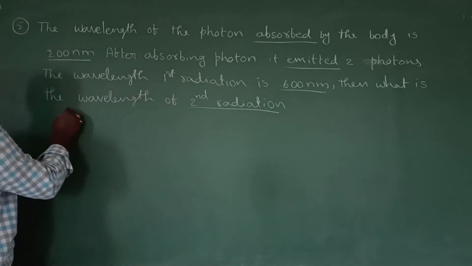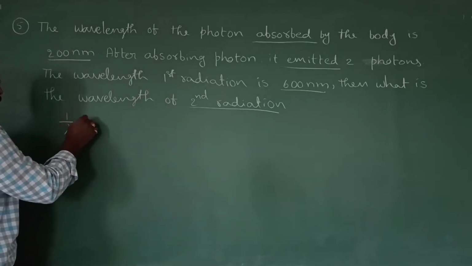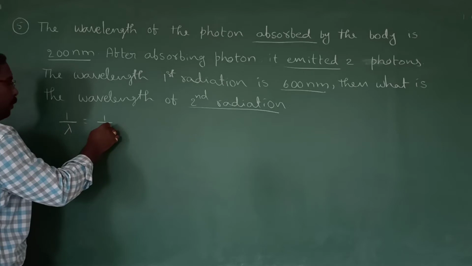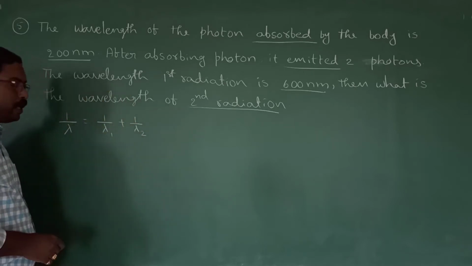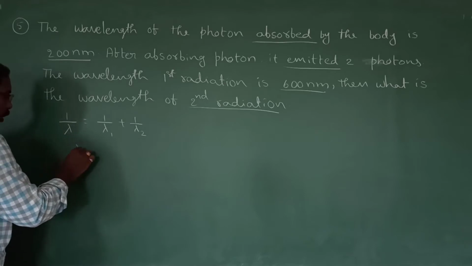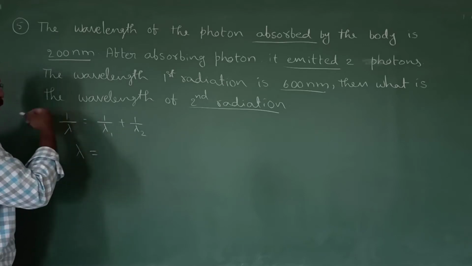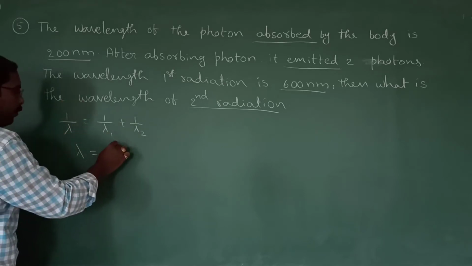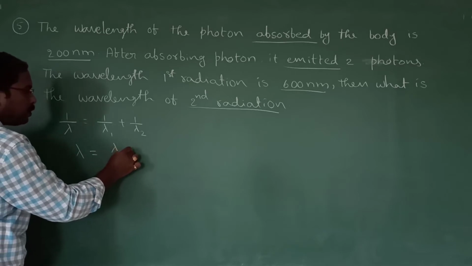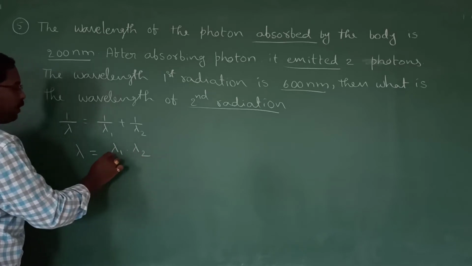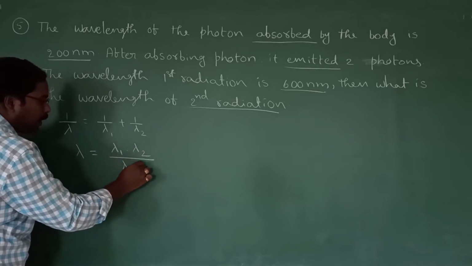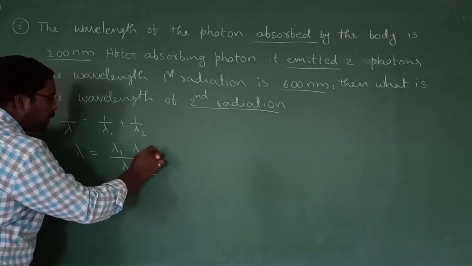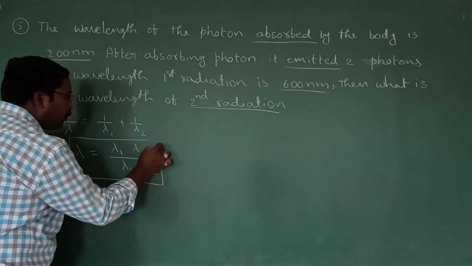What is the formula? 1 by lambda is equal to 1 by lambda 1 plus 1 by lambda 2. Or after doing multiplications, the final formula we are going to use in the questions is lambda is equal to lambda 1 into lambda 2 divided by lambda 1 plus lambda 2.